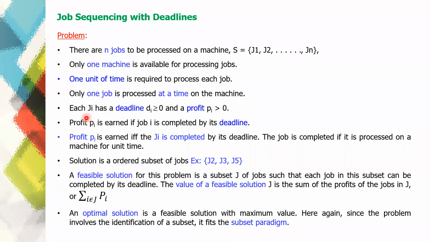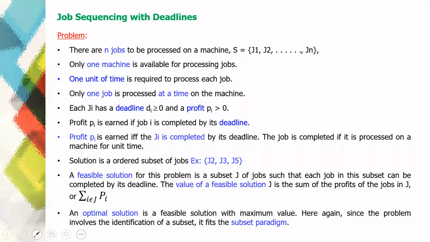Now, each job is given a deadline and it is associated with a profit. If I take job number i, it has a deadline Di, and this deadline Di is nothing but the time period before which Ji must be completed.